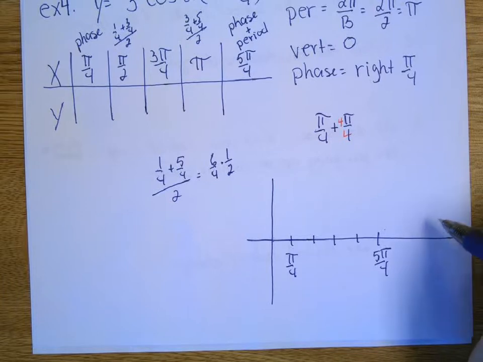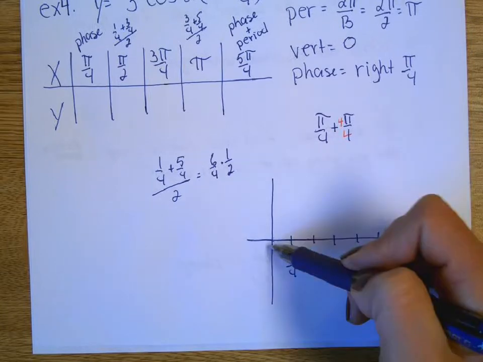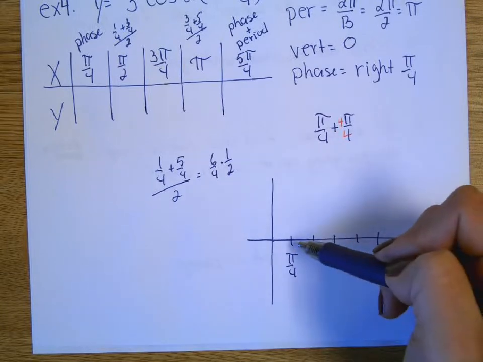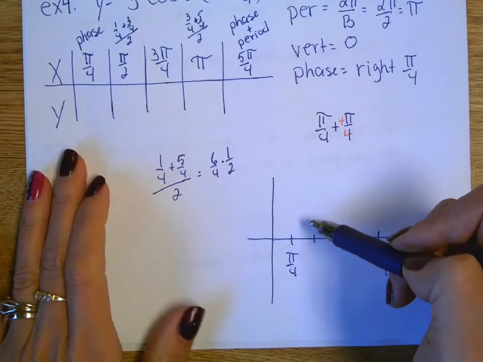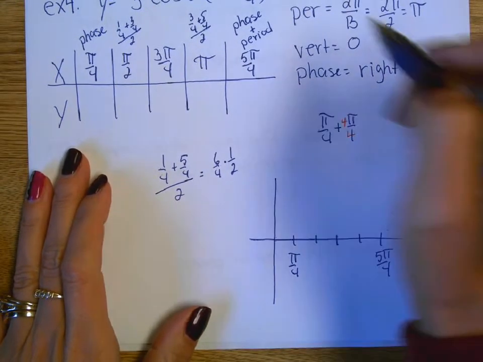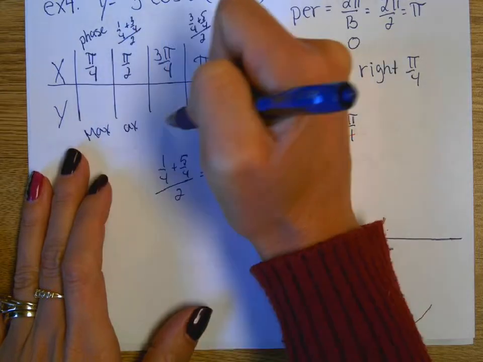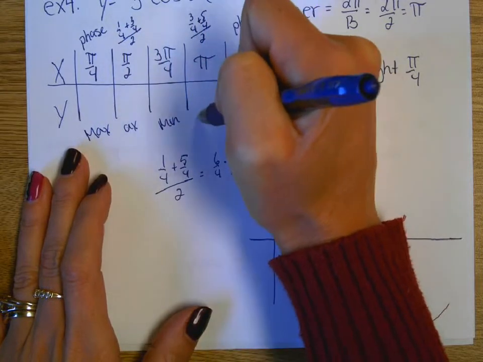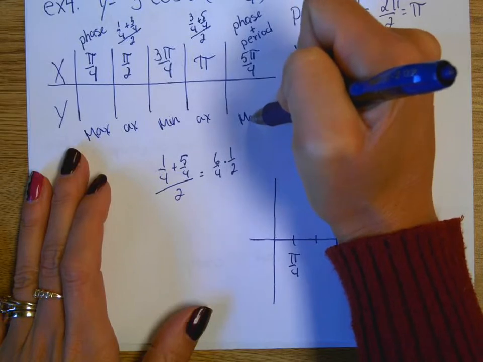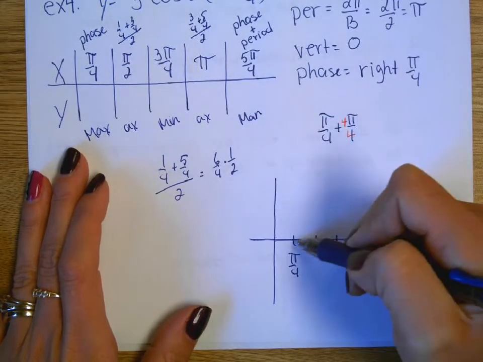Okay, we have no vertical shift, so my axis is right here on the x-axis. Where does cosine start? What's its pattern? Max, axis, min, axis, max. Okay, so I'm going to start above the axis.